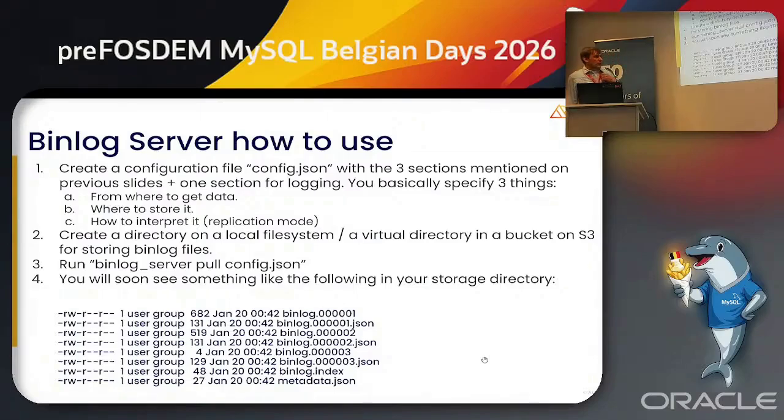A few files: you must be familiar with the binlog index and regular binary log files, but there is certain metadata. Shlomi had something very similar on his slide, but probably in a bit different format. We put some metadata in JSON files associated with each of the binlog files here.